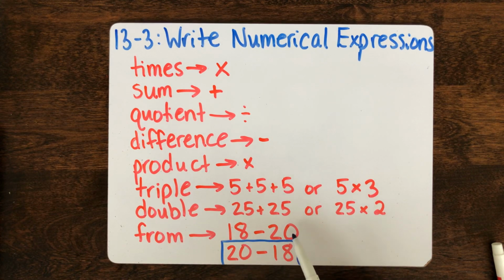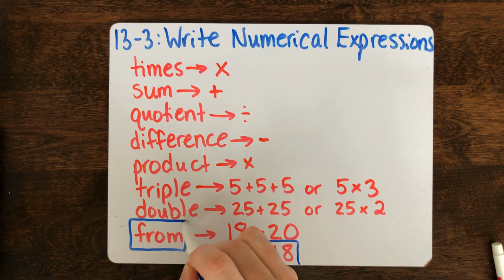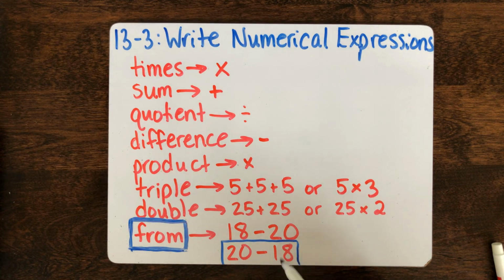This problem here would be taking 20 from 18. Whenever you see from, I would suggest circling it, because a lot of students every single year get a little tricked when they see the word from, and they sometimes swap it. And we know with subtraction, the commutative property does not apply, meaning that we can't just flip the numbers because we get a totally different answer.